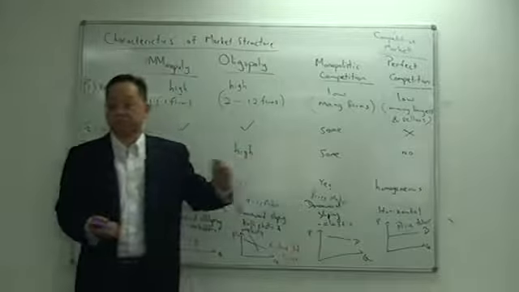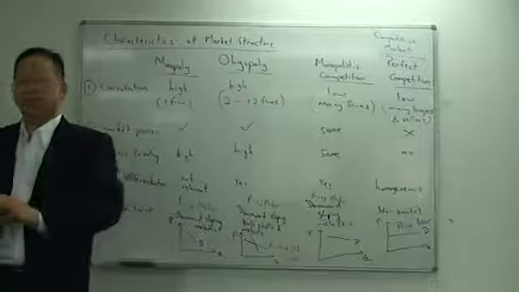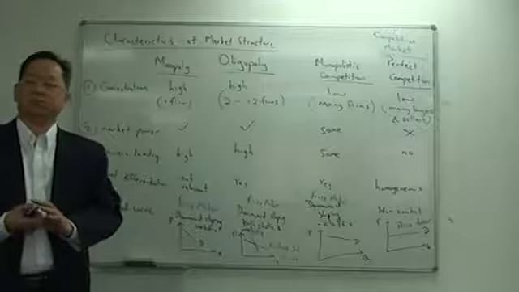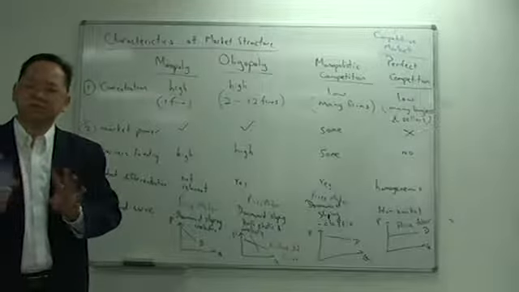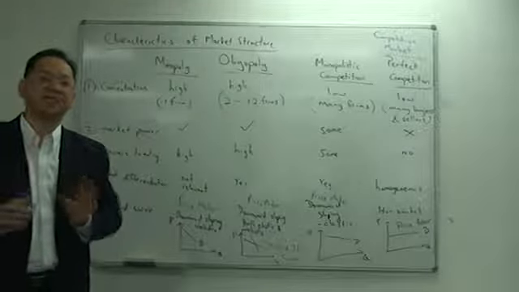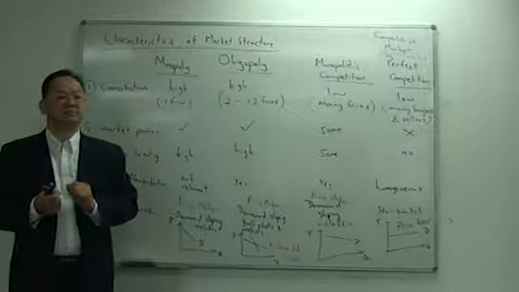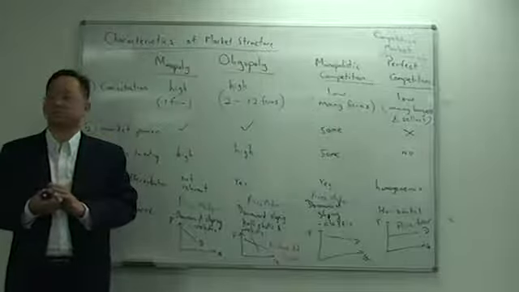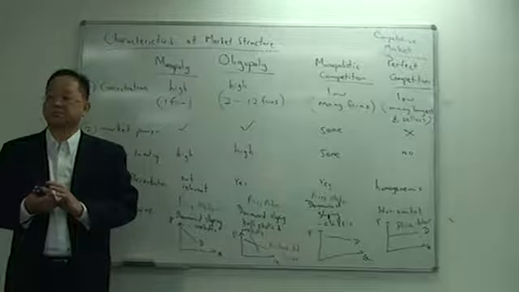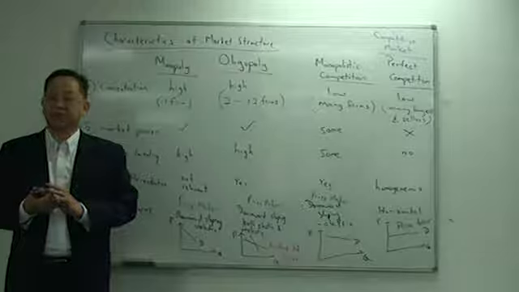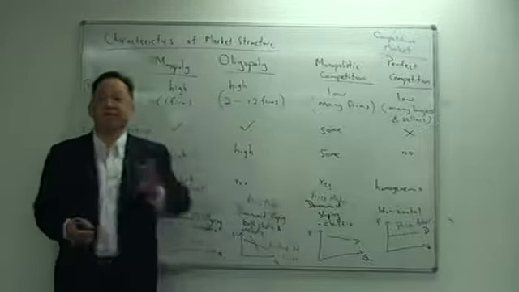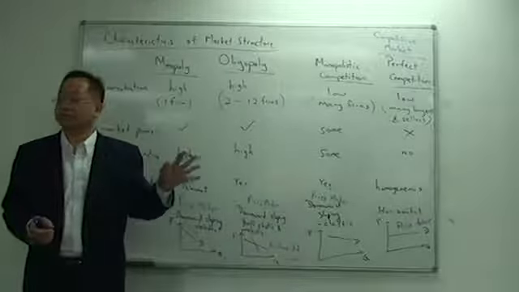Monopolistic competition: we have a lot of small firms, but they are selling slightly different products to differentiate themselves. So monopolistic competition can be things like your convenience store.